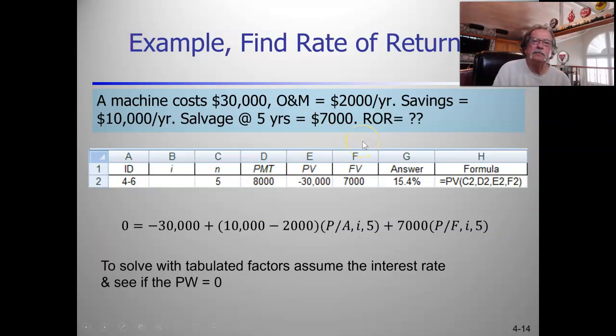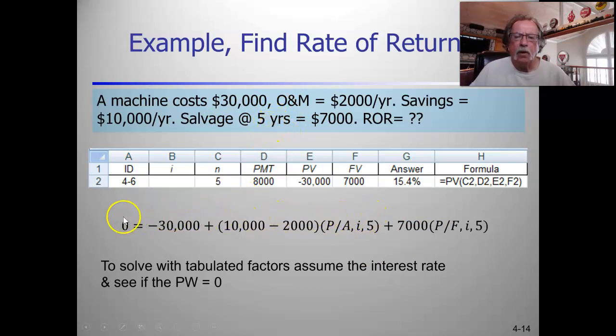Now, if you want to find out what the rate of return is, and I'm going to get into this in the future quite significantly, but let's say we have the same set of facts. So I'm going to go back into that Excel spreadsheet.